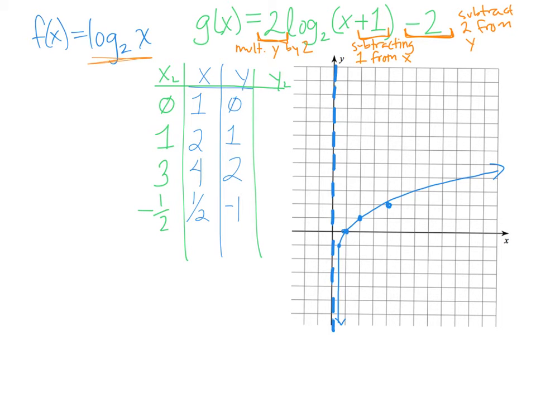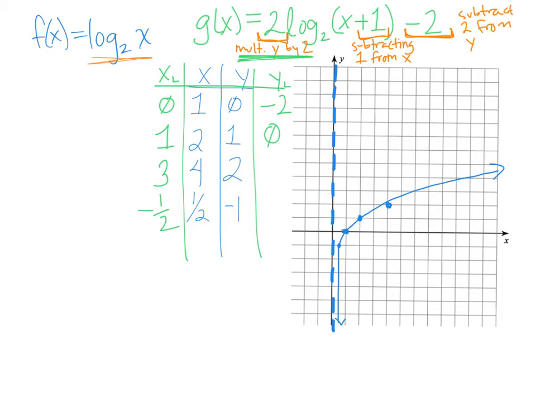Okay, now let's move to the y side. Remember PEMDAS, order of operations, which means we must do this multiplication part before we do the subtraction part. So let's start with the 0. 0 times 2, surprise, 0. 0 minus 2, negative 2. 1 times 2 is 2. 2 minus 2 is 0.